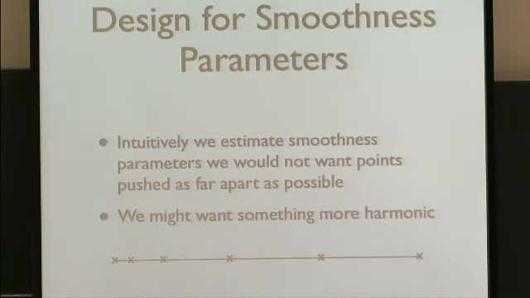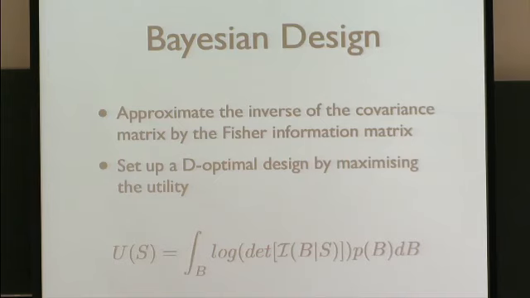And we can actually produce one of these Bayesian design utilities and estimate a D-optimal design. The reason we can't do that for space filling is we don't really have a measure of space filling that we can actually optimize.